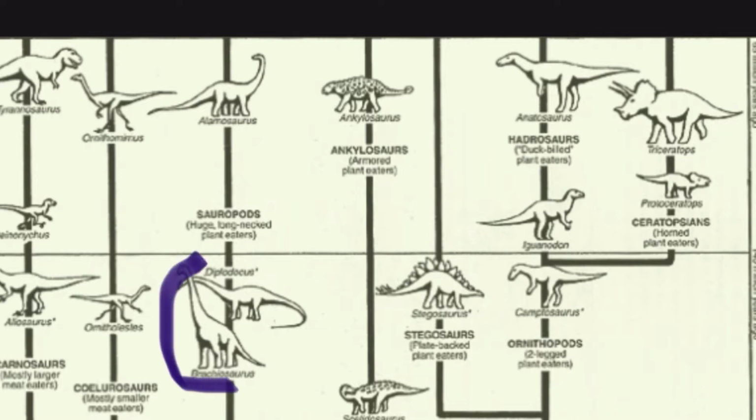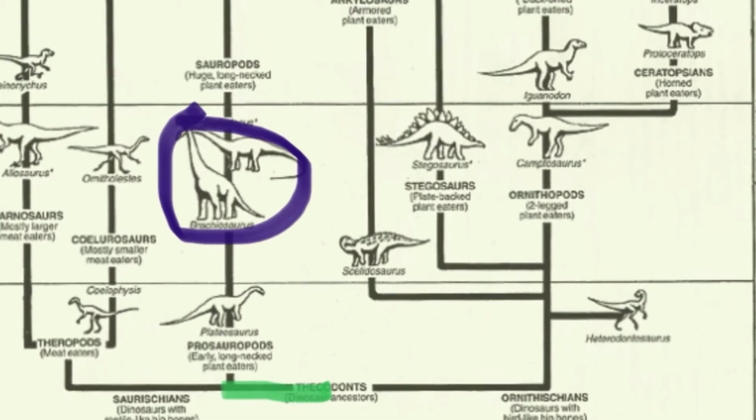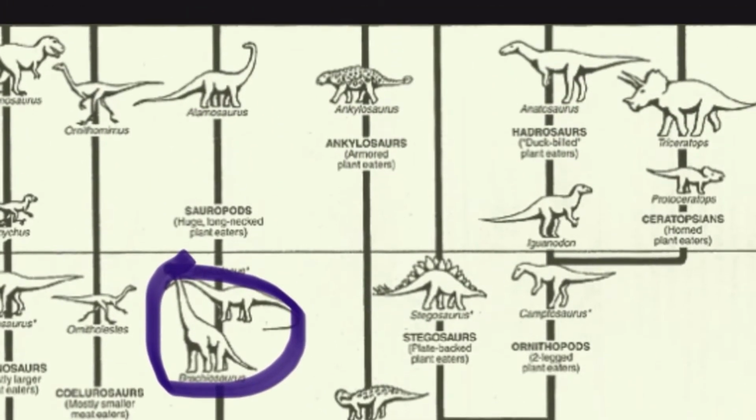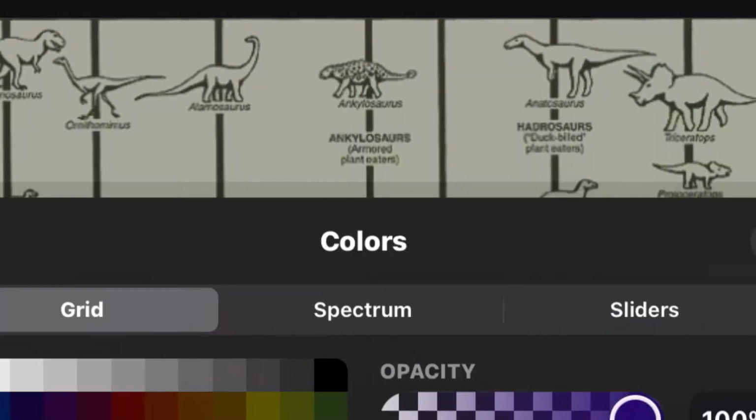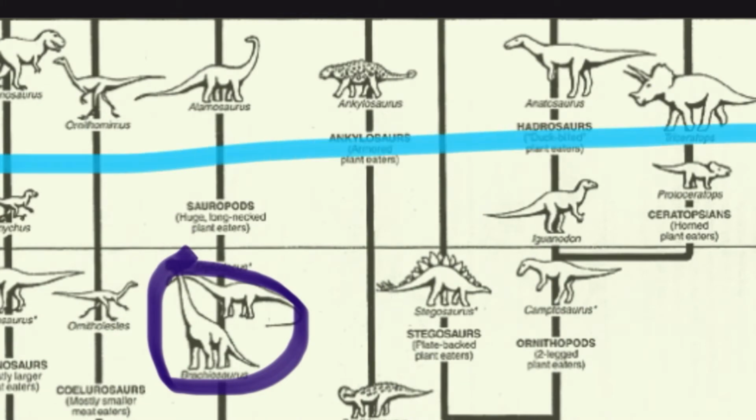There are a lot of sauropods, like Brachiosaurus and Diplodocus, and that's just to name a few. But then you go back into the Cretaceous period, and then you're seeing Allosaurus, and then that's basically just the last of the sauropods.